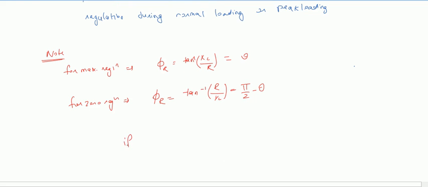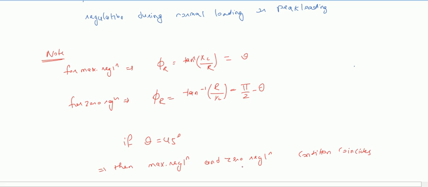If theta equals 45 degrees, then the maximum regulation and zero regulation conditions coincide. Which means that at this condition the voltage regulation will be zero only, and that will be the maximum regulation.